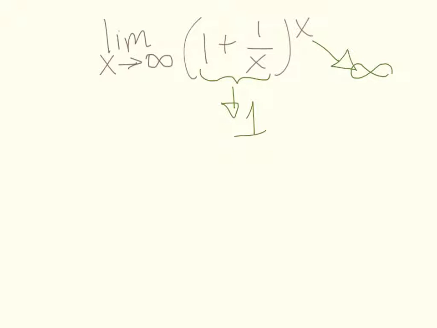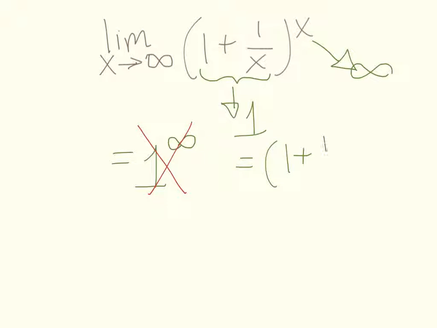So at first glance it might appear as if this limit is equal to something like 1 to the infinity, which you might argue is equal to 1 because 1 to any power is equal to 1. However, keep in mind this isn't really 1 to the infinity. This is really something a tiny bit bigger than 1, right?